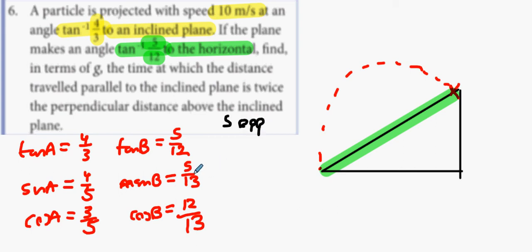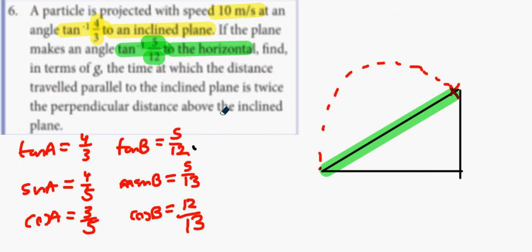Sine is opposite over hypotenuse. You're talking about the 4 over 5 and the 3 over 5? 5's the opposite and 12 is the adjacent, so cos has to be 12 over 13 and sine has to be 5 over 13. I think we're right there. Alright, good question though. Don't be making any early mistakes.